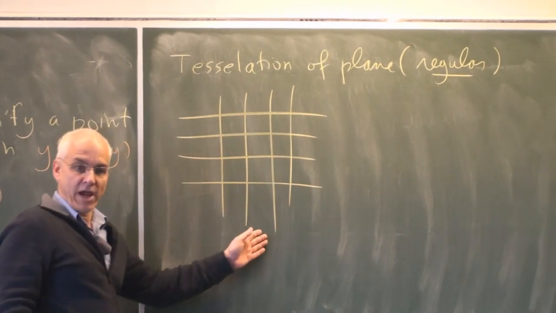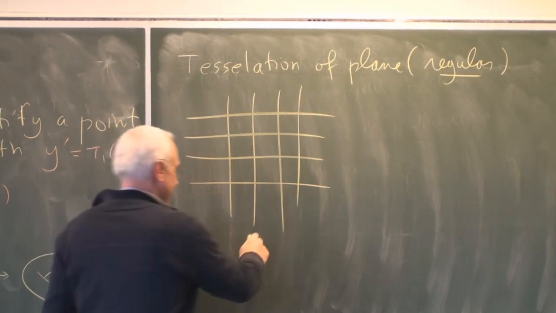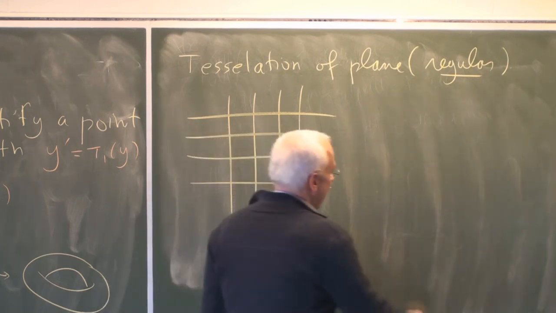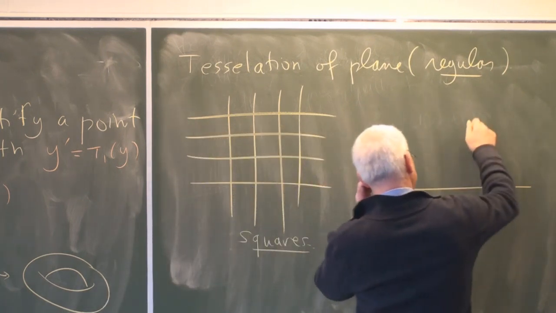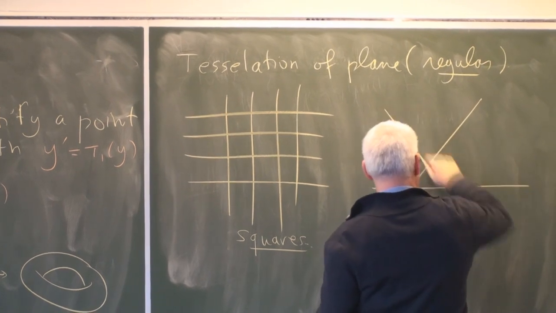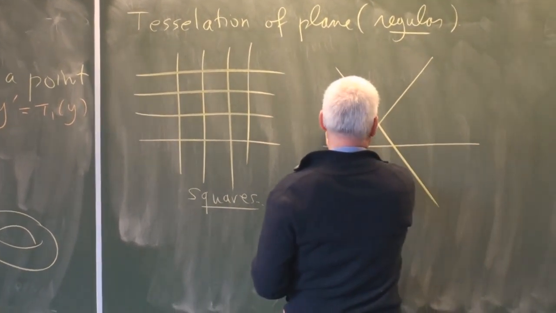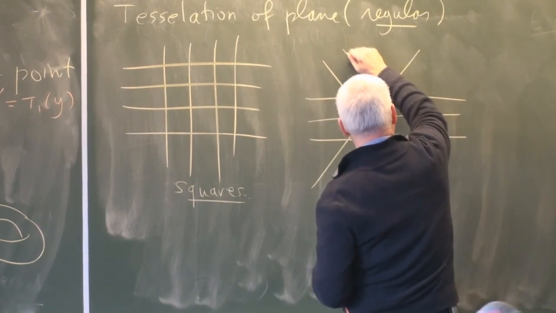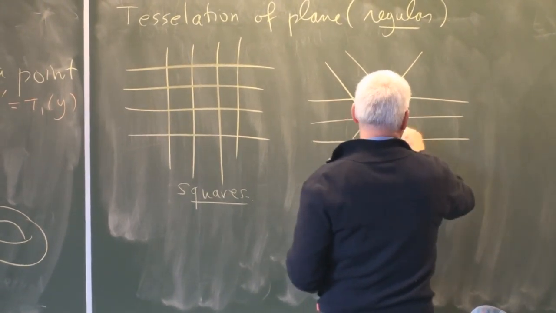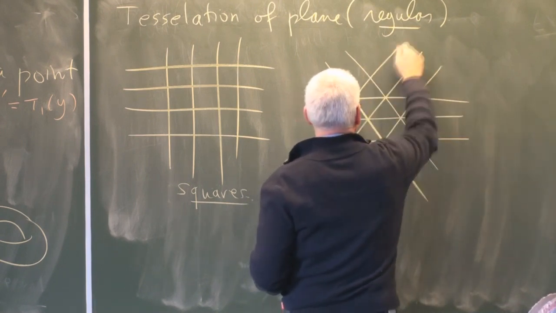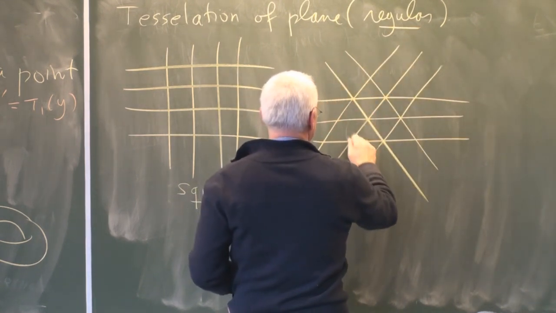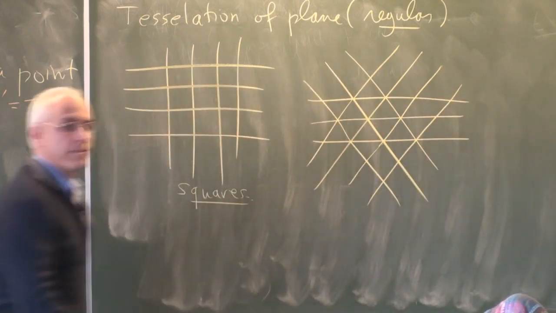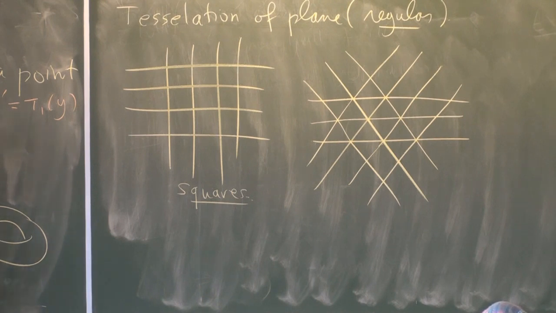There's a tessellation by squares. There's a tessellation by triangles, by equilateral triangles.